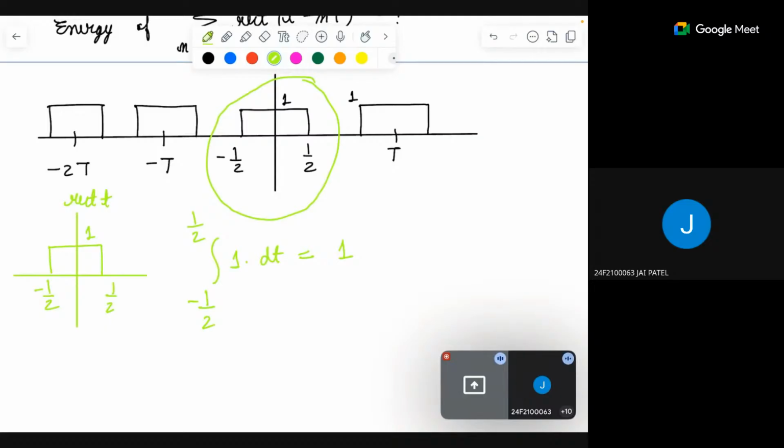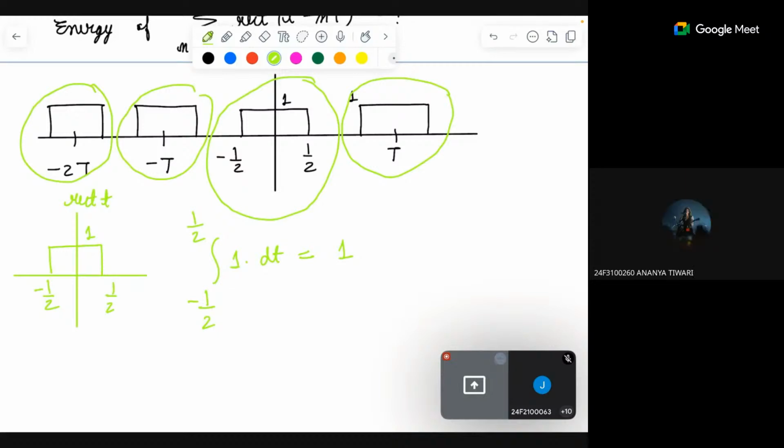The energy of rect t is 1. Now, these other three are similar to this. They're symmetrical, their magnitude and duration, everything is the same.